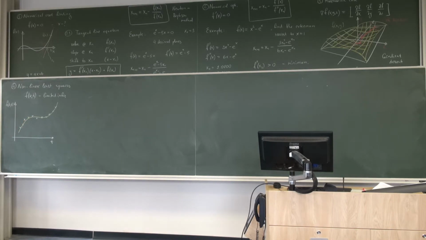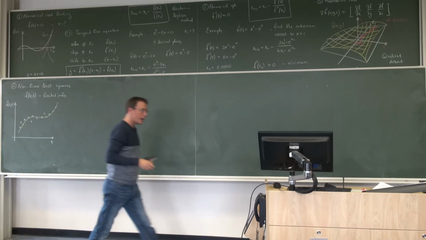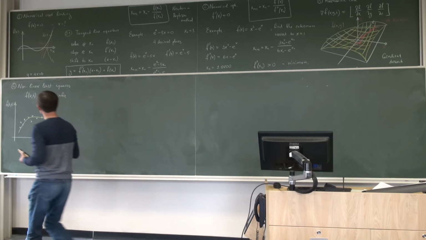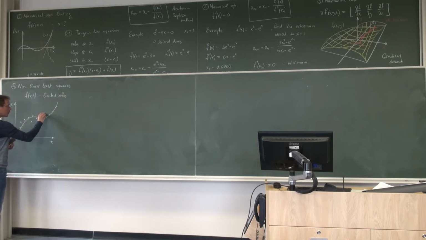We can nonetheless say that, well, nonlinear as it may be, we should still like to fit it, and therefore we must minimize the sum total of the squares of these distances. Distance from here to here, from here to here, from here to here, and so on.